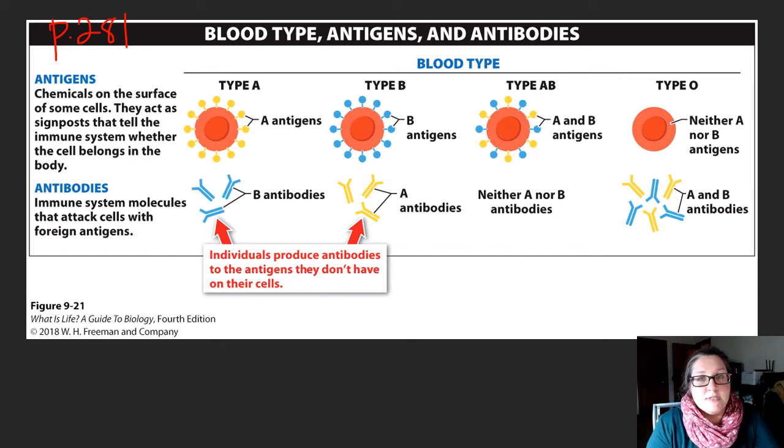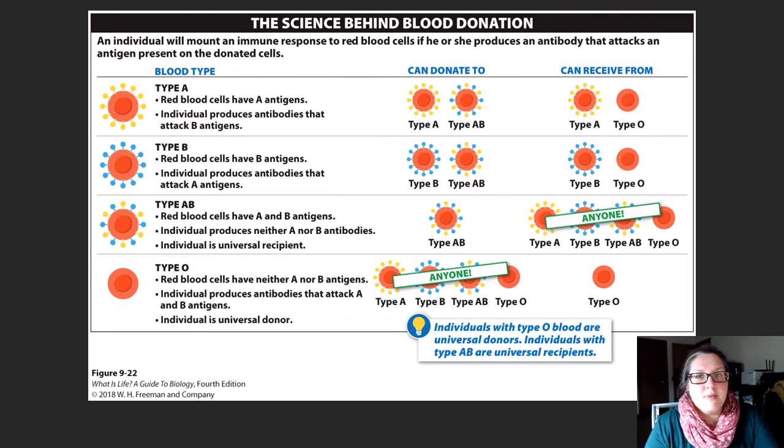So feel free to look at this more if you like. I really like this figure because it talks about who can donate and who can receive blood. So here's the key to figuring that out. When you think about the donor, if I'm donating blood, I am type A blood.